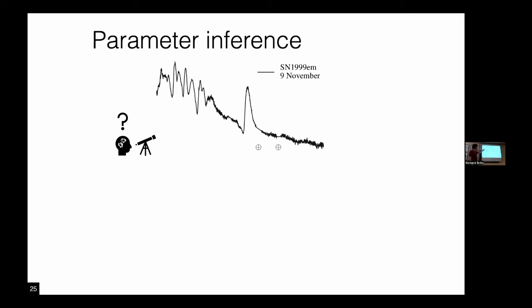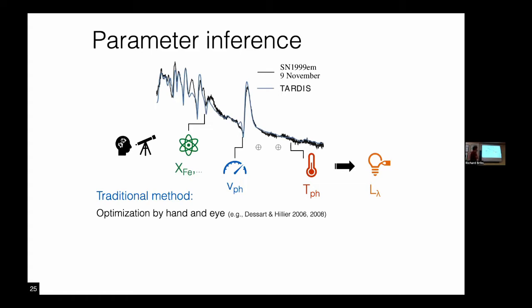So we have an observed spectrum. How do we derive the parameters? Well, the traditional method, as I said, is to do the radiative transfer fitting with an optimization by hand and eye. You start with a certain set of parameters, you get a spectrum, you say this doesn't look quite right here and there, and you have a feeling which knobs you have to turn to improve the fit.